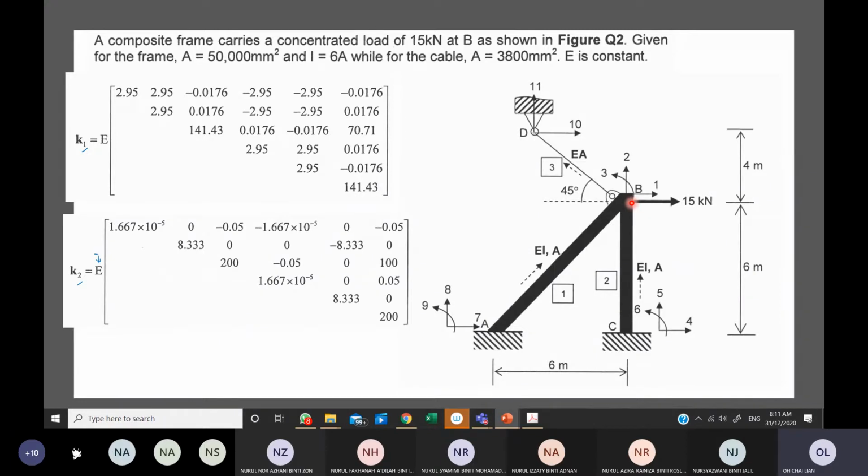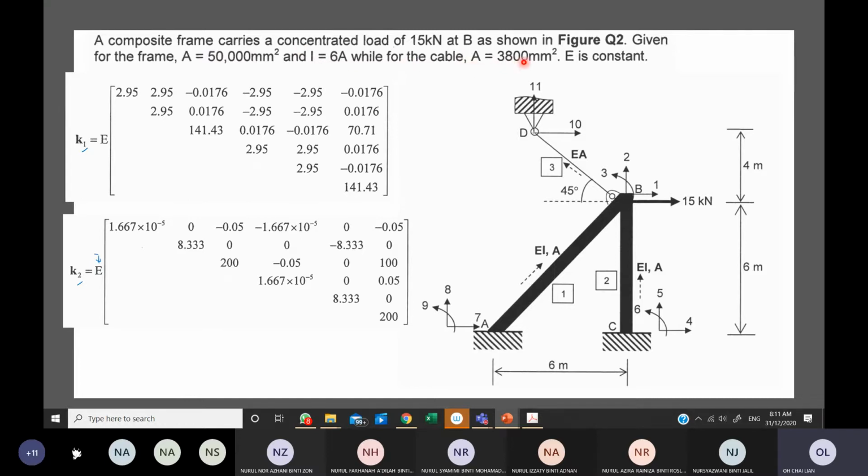Then, given the frame, A is this value, I is equal to 6 times A. This is for the frame, when you want to use this to calculate the member stiffness matrix, and also when you are trying to find the internal forces, if required.